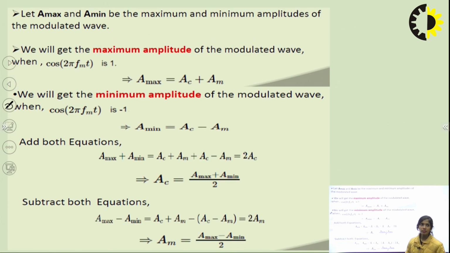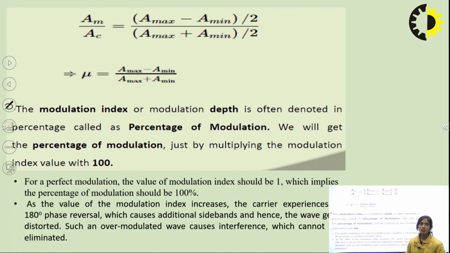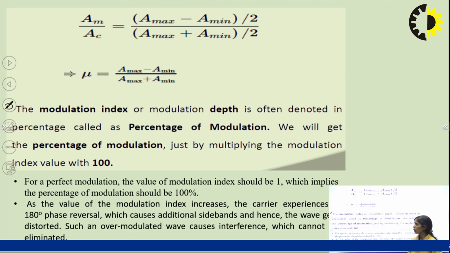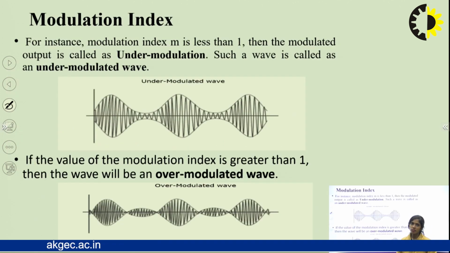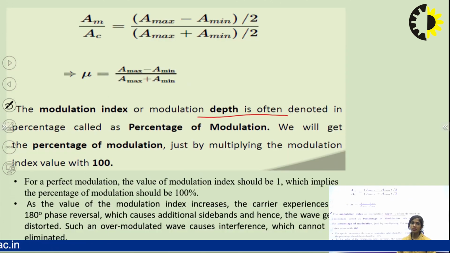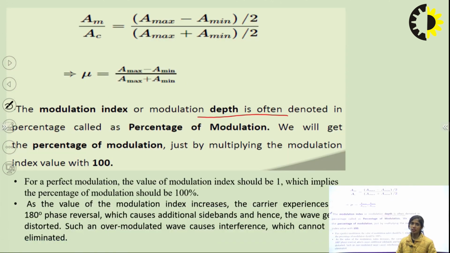What does it define? It defines the extent of modulation, or we can say the depth of modulation. By this, we can decide how much the message signal can modulate the carrier signal, up to which extent the carrier signal can be varied in amplitude.